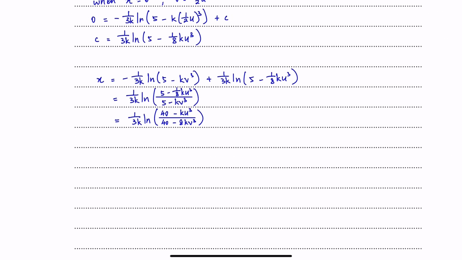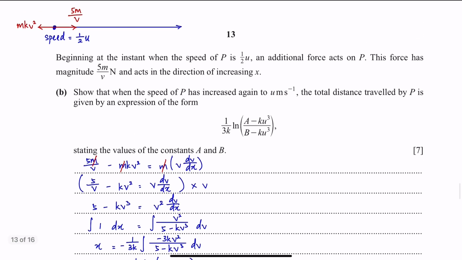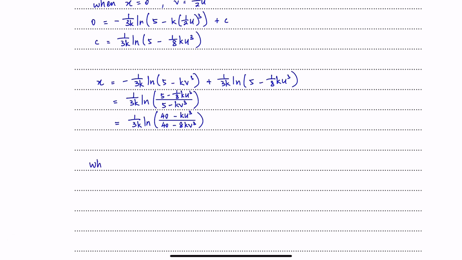So now we have the equation for x, and we find the distance traveled in the second part when v equals u. So when v is equal to u, x will be equal to 1 over 3k ln of 40 minus ku cubed over 40 minus 8 ku cubed.